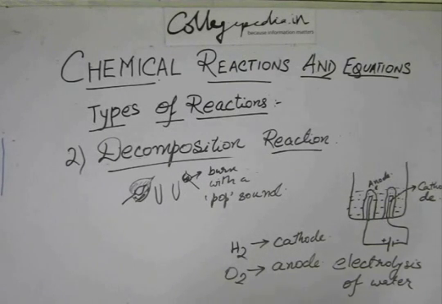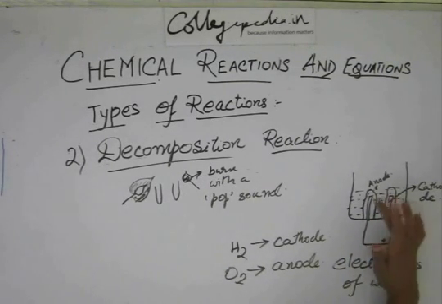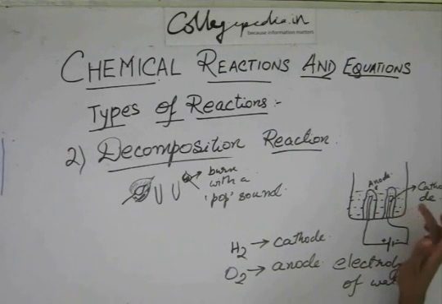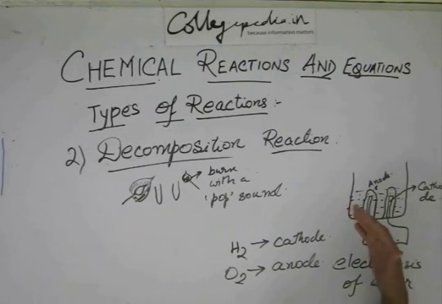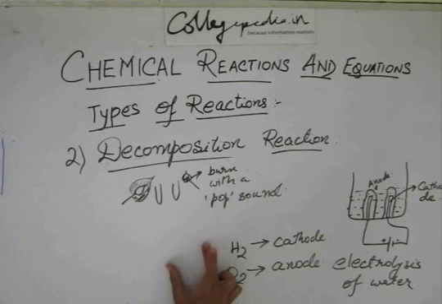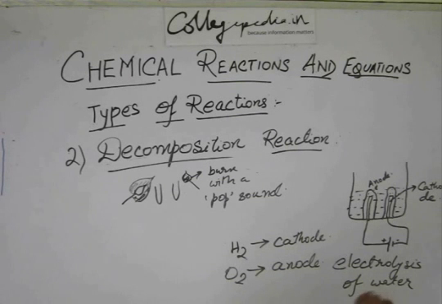And they can also ask you, why is the gas at the cathode double the amount of gas at the anode? So the reason for that is, in the reaction, the number of molecules of hydrogen which are formed is double the number of atoms of oxygen. So the total volume will also be double.